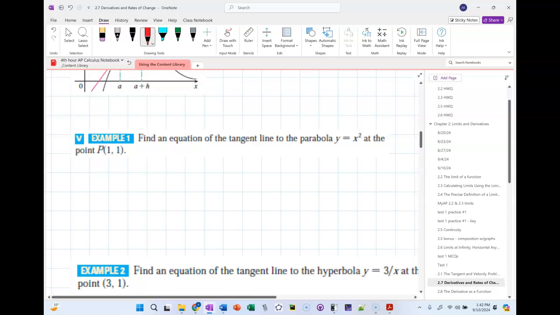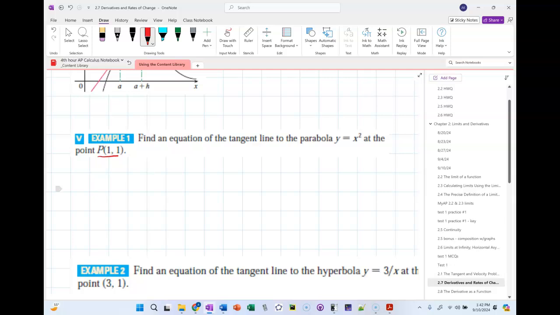So remind me again, going back to algebra 1, what do I need to write the equation of a line? A point and a slope, right? I have one point already, and I have an equation above that I can use to calculate slopes, right?